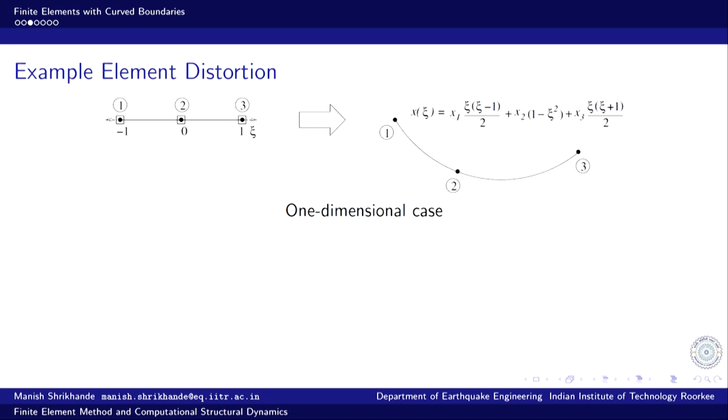So, all that we need to do is find the coordinates of these 3 points and interpolate using this formula. So, x as a function of xi is defined by this curve. I just have to define the coordinate of x1, of x2, and of x3.